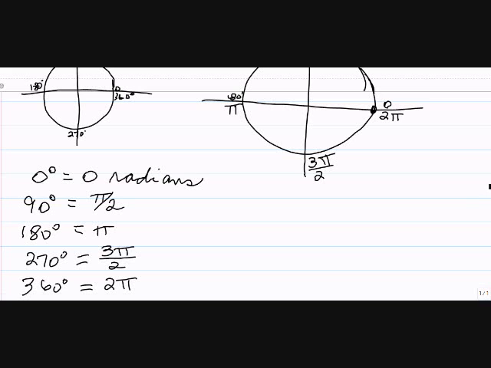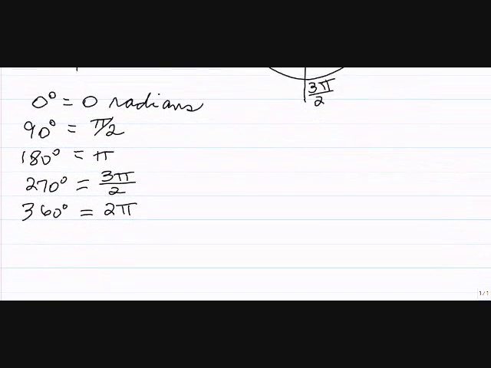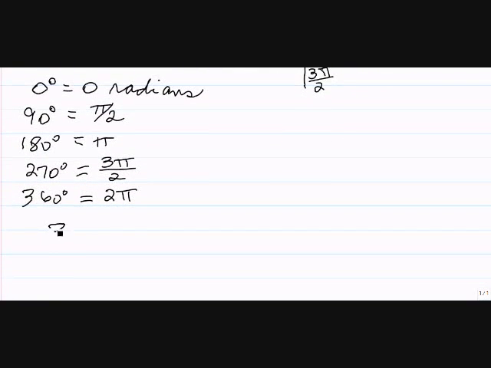Let's say I had 300 degrees, and I want to know how many radians that is. Well, I'm going to use one of these equivalences that I see up here in my list. 0, 0 isn't going to help. I can use 90 and pi over 2, 180 and pi, 270 and 3 pi over 2, 360 and 2 pi. I like using the 180 and pi.